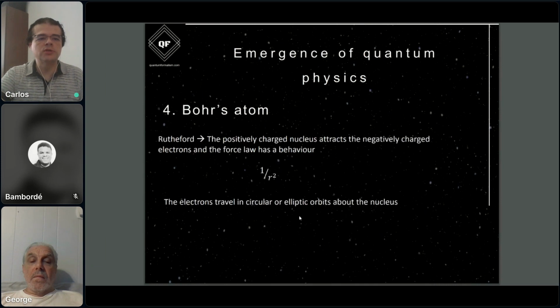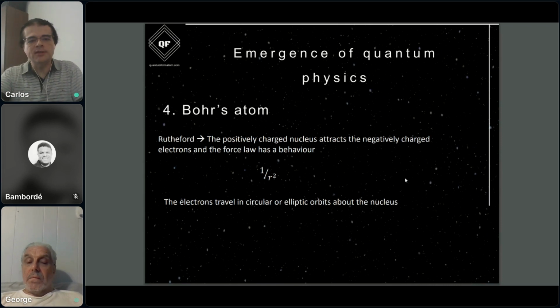It was proposed by Rutherford that a positively charged nucleus attracts the negatively charged electrons. The force has a behavior like 1/r², where r is the distance between the nucleus and the electron. And the electrons will travel in a circular or elliptic orbit about the nucleus, something similar to a planetary orbit.